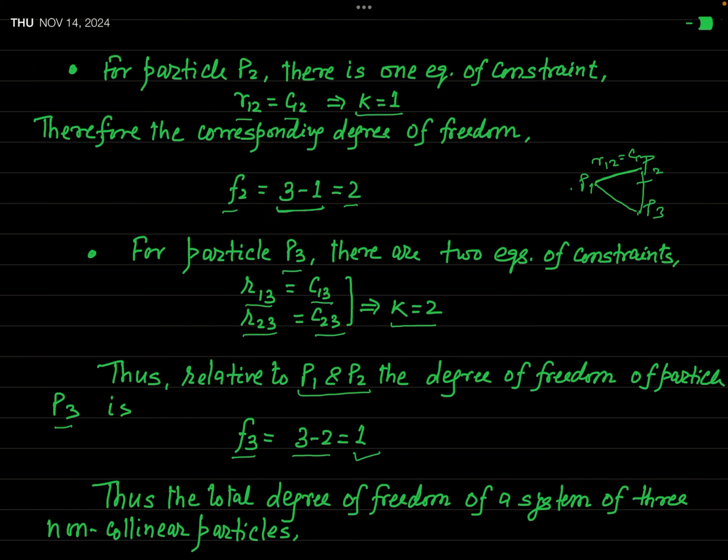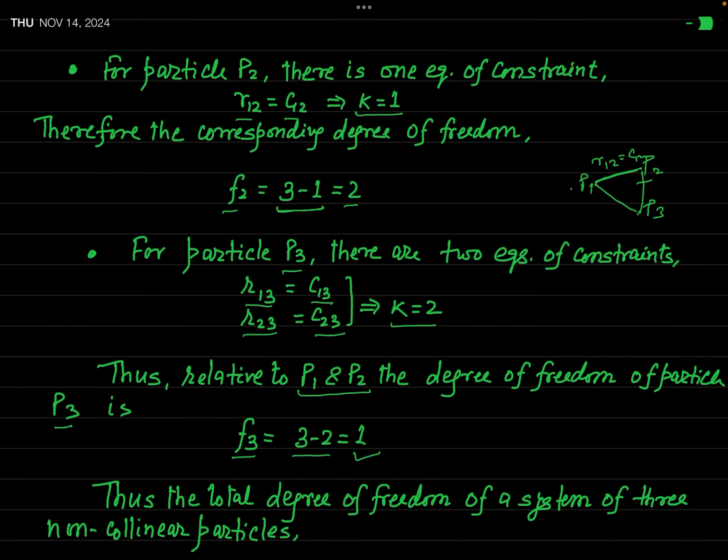So what you are looking at here is that the degree of freedom of particle P1 is 3, the degree of freedom of particle P2 relative to P1 is 2, and the degree of freedom of particle P3 relative to P1 and P2 is 1.